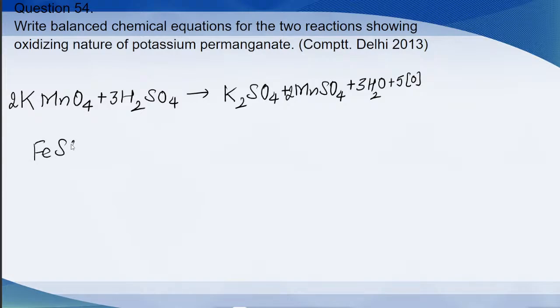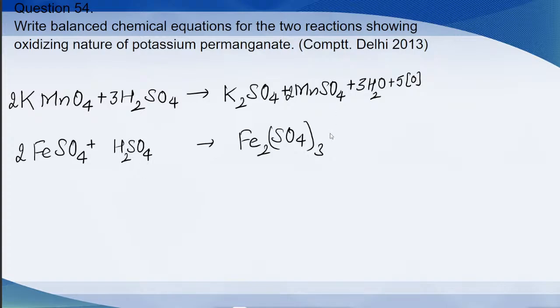Now first let us take ferrous sulfate. So ferrous sulfate can be oxidized to ferric sulfate, ferrous to ferric. So 2 iron, so means I have to write 1 and 1 H2SO4.